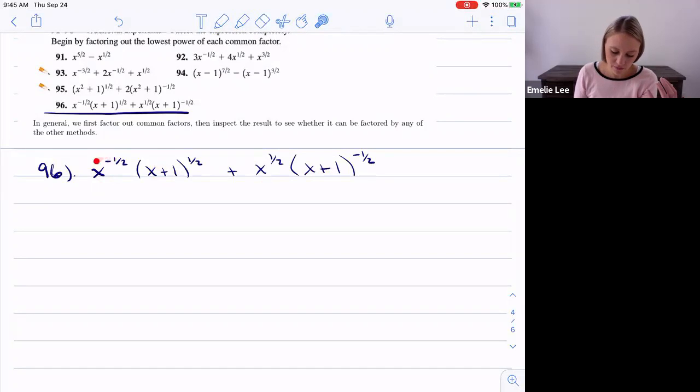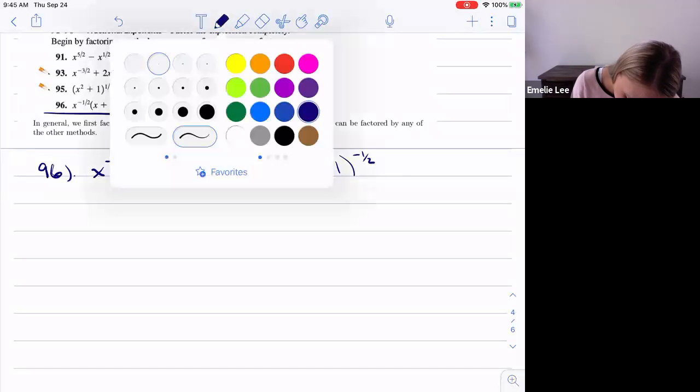So I've got these x's times an x plus 1 term on each of these. So I should be able to pull out a common x and a common x plus 1 term. I'm going to focus on the x value first, okay? And so here, I'll make a note.